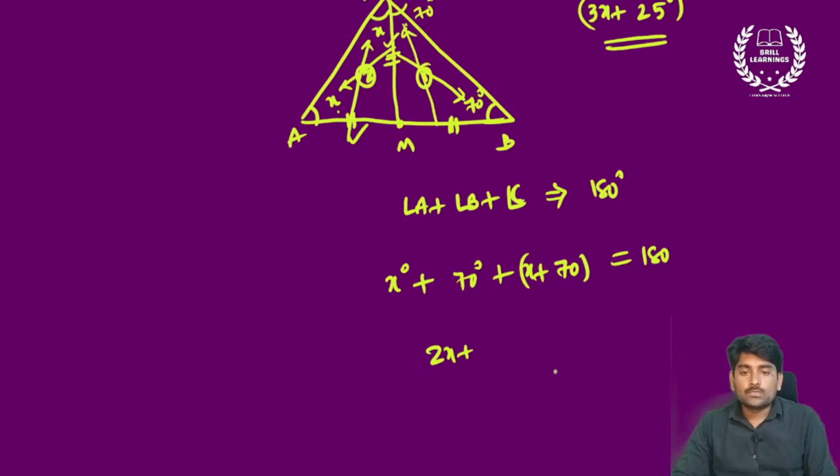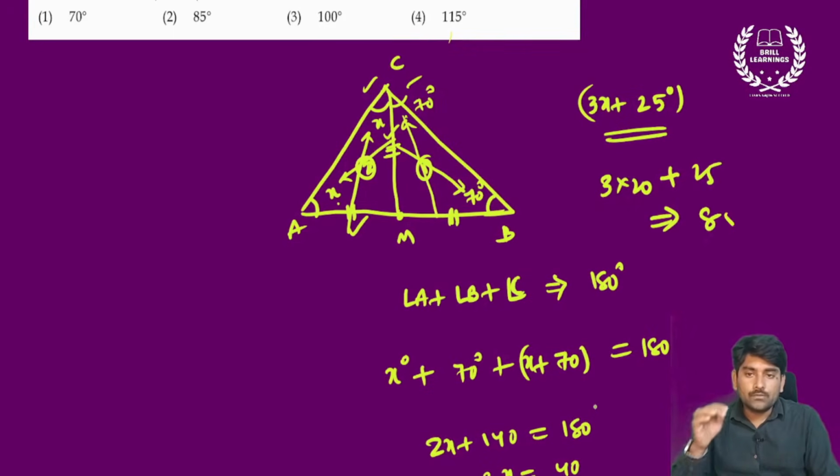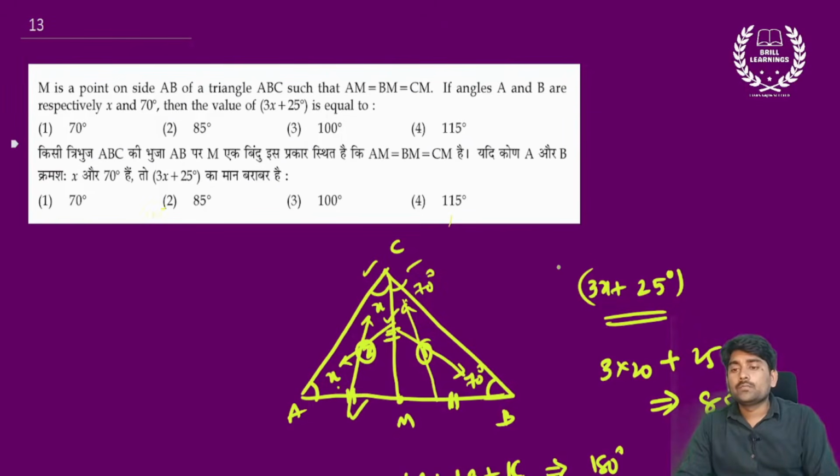So 2x plus 140 is equal to 180. 2x equals 40, x is equal to 20 degrees. We need to find 3x plus 25. That means 3 into 20 plus 25, which gives us 85 degrees. So the second one is the right answer.